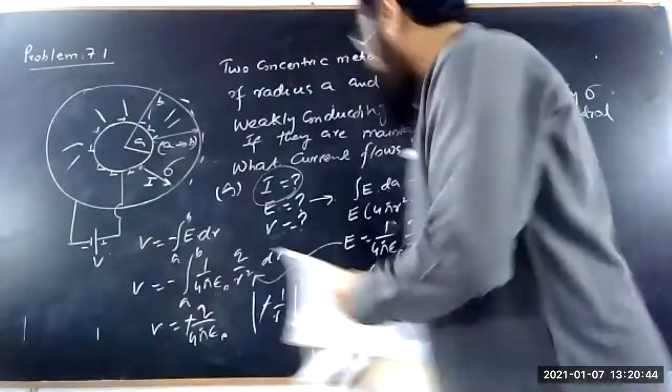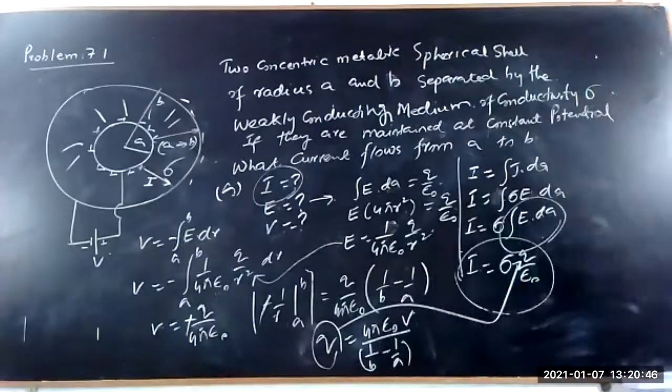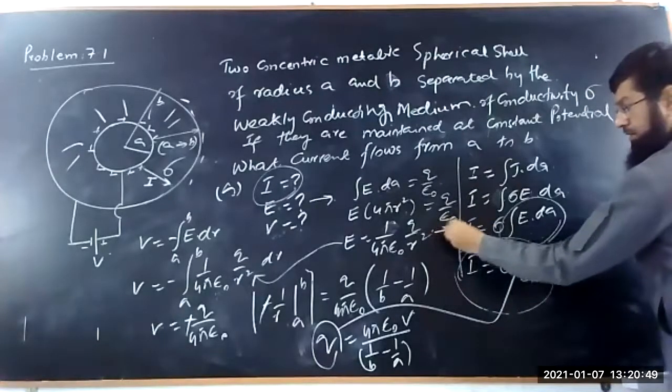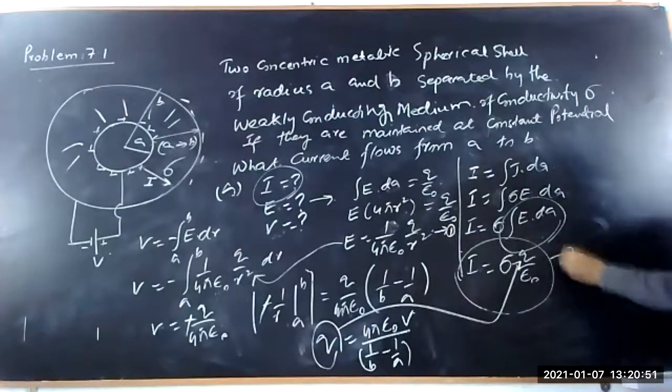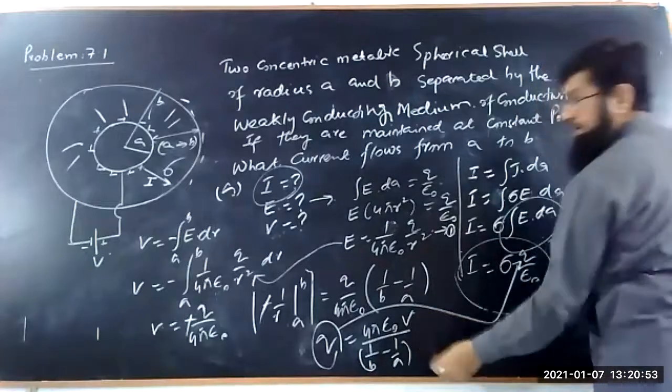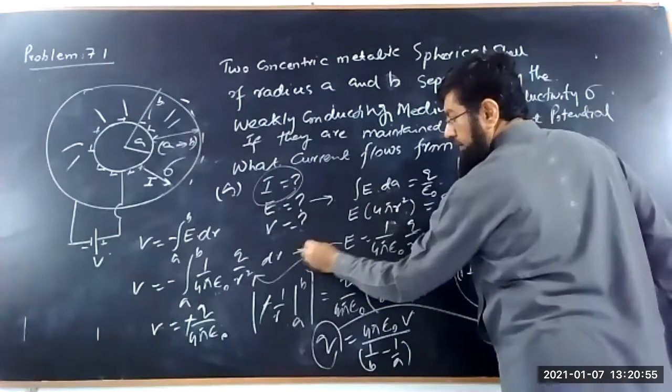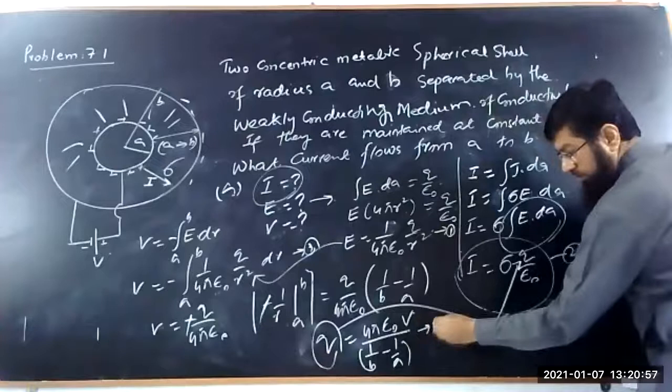So here, this is equation number 1, this is 2, this is 3, and this is 4.